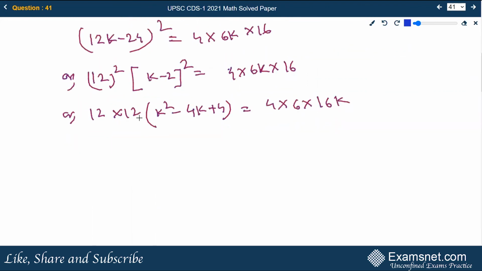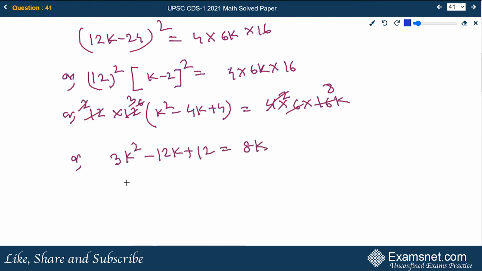So now I can do some simplification: 6, 2, okay, next also 2, 2, 6, 2, 3, 2, 8. So it will be 3k square minus 12k plus 12 equals 8k.